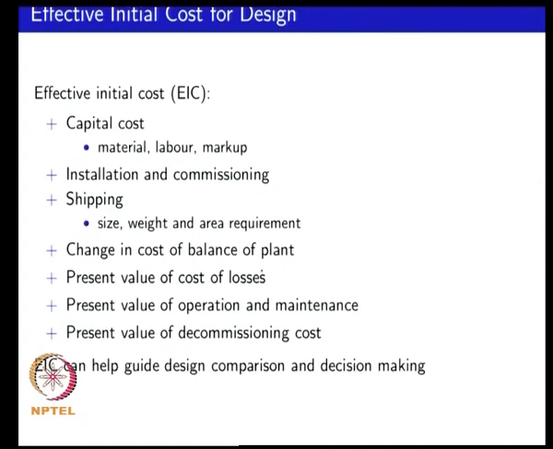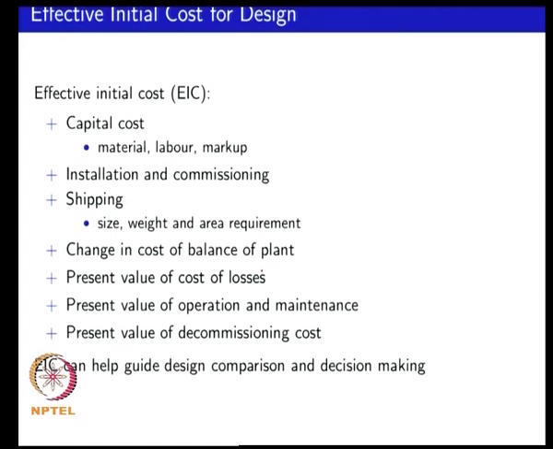Or suppose it is a nuclear power plant: if you want to decommission some part which is radioactive, there might be a lot of expense in disposing of it. So depending on what you are trying to dispose of, there might be different types of decommissioning cost.